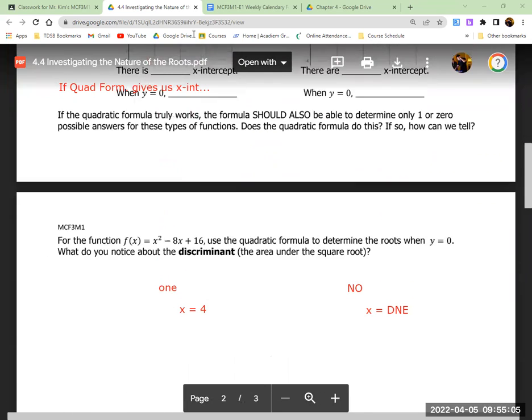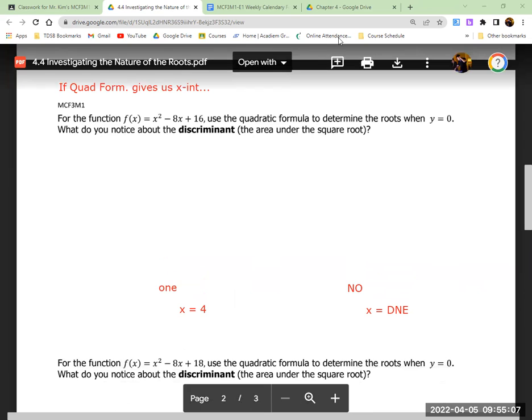Turn to the next page. Before we go on, I will mention something about a discriminant after we solve, so stay tuned for that. Let's plug it in. The a value, b value, and c value for this function is 1, -8, and 16.